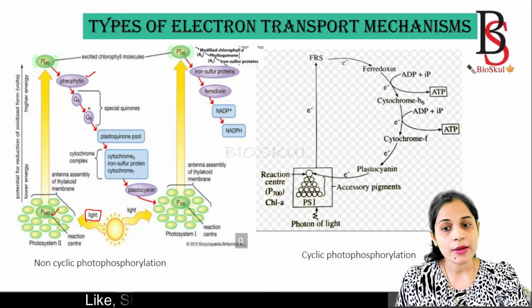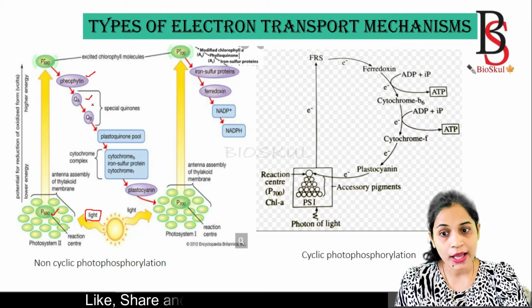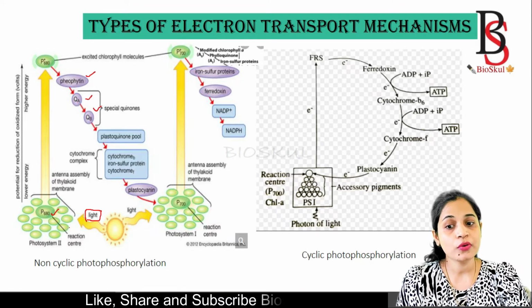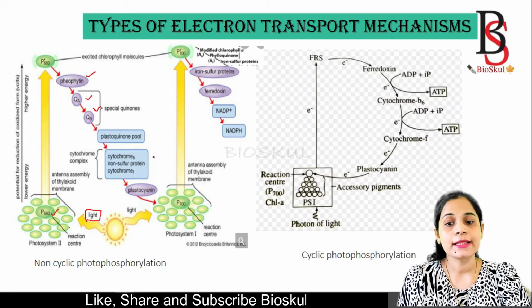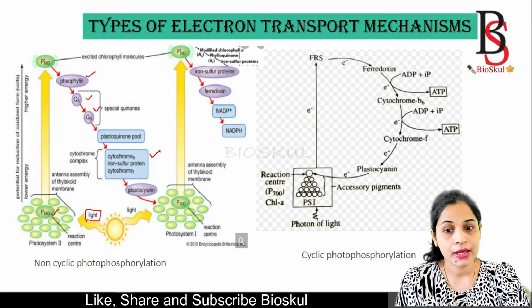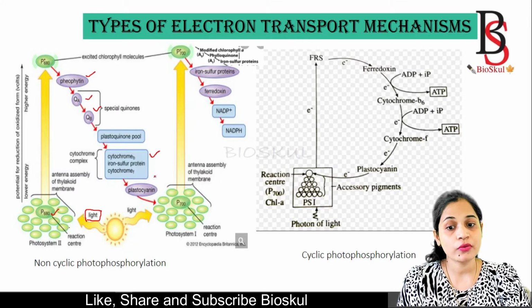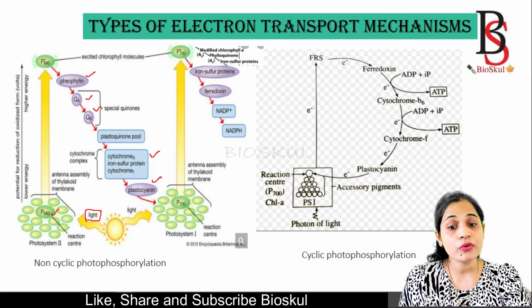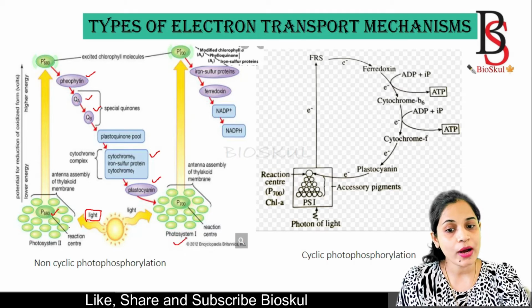There are two types of quinone: quinone A and quinone B. Then from the quinone, it moves to the cytochrome complex, known as cytochrome b6f. Then from cytochrome b6f, it moves to plastocyanin, and from plastocyanin to photosystem 1.